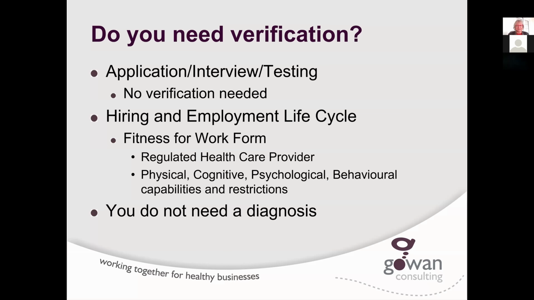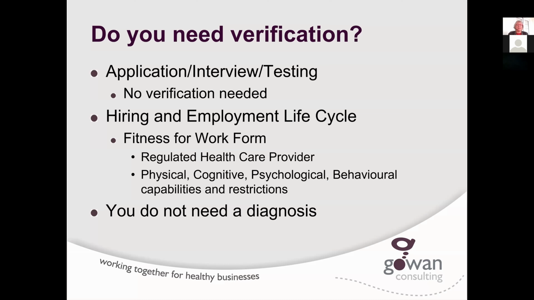At the point of hiring and request for longer term accommodation, or any time during the employment life cycle, we do recommend that you have a fitness for work form or a functional abilities form, as many people call it different things, that you get from a regulated healthcare provider if it's disability related. It helps you understand the physical, cognitive, psychological, and behavioral capabilities and restrictions of the employee, verified by their healthcare provider.